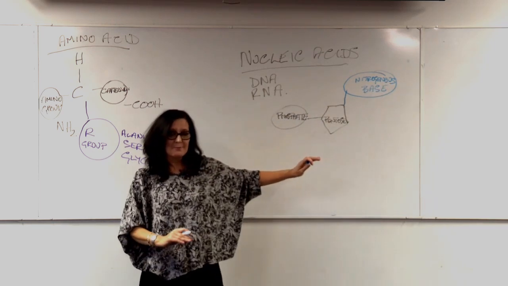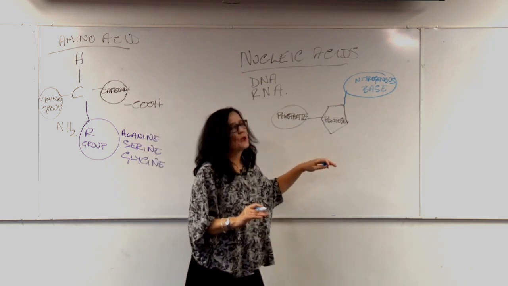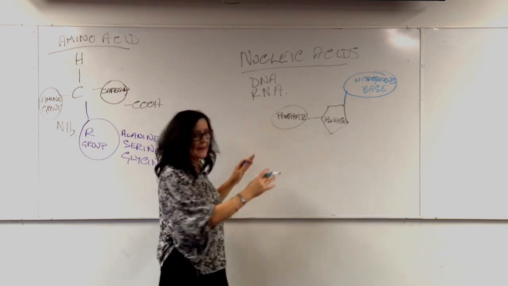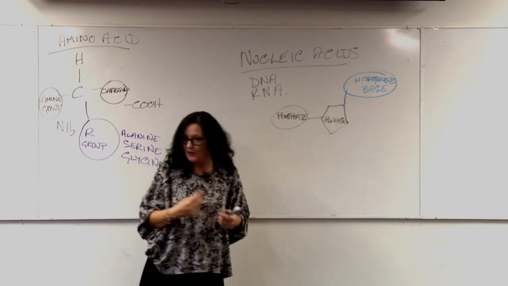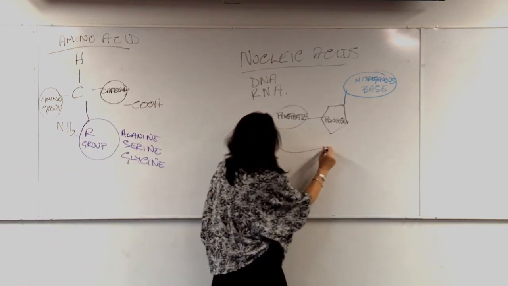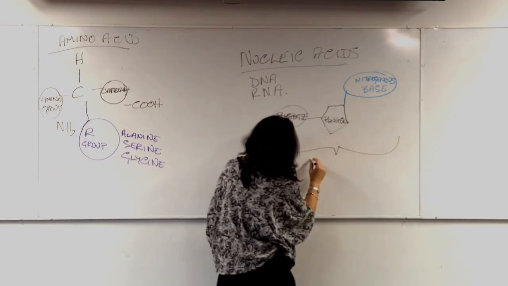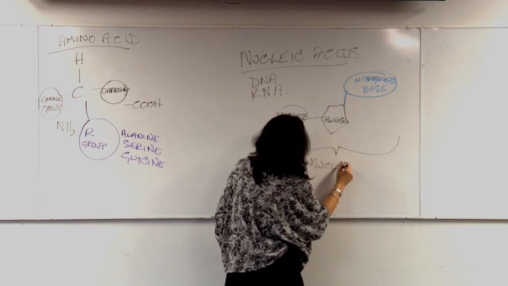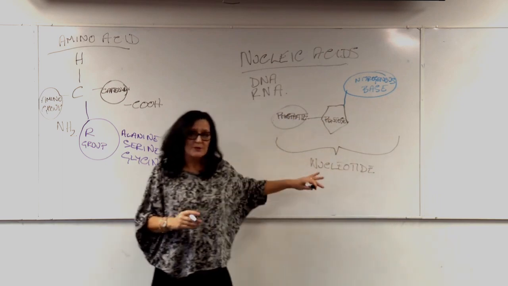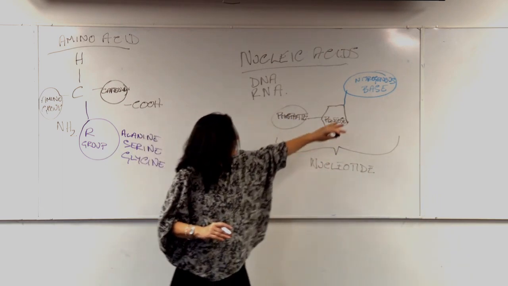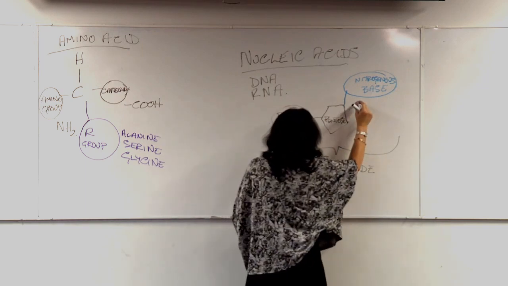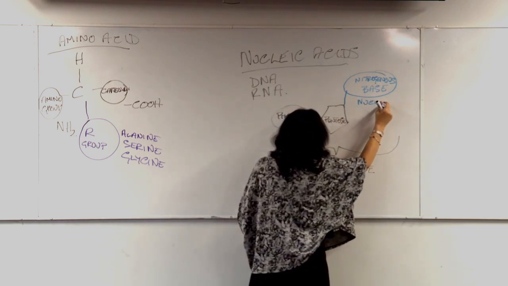This nitrogenous base can also be called a nucleobase, because this whole thing is a nucleotide. What determines what type of nucleotide it is, is the nitrogenous base, the nucleobase.